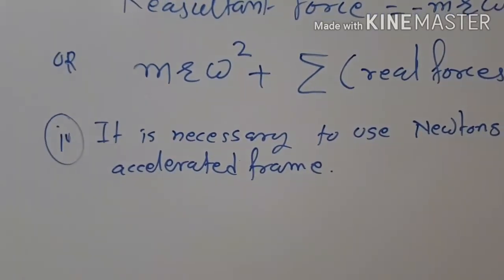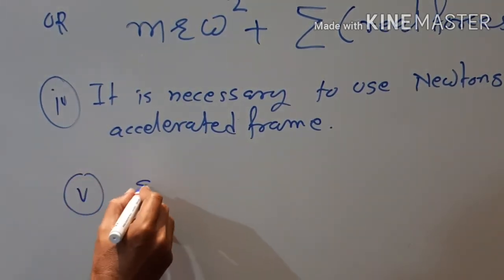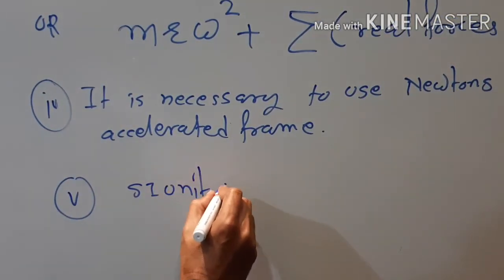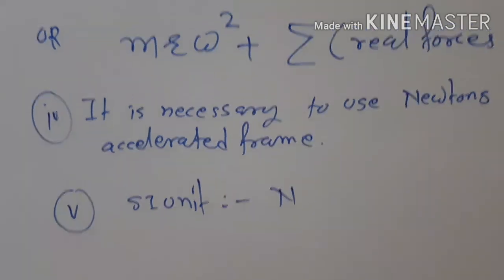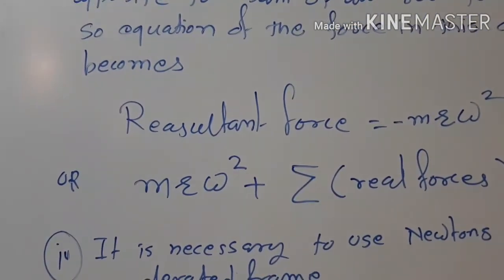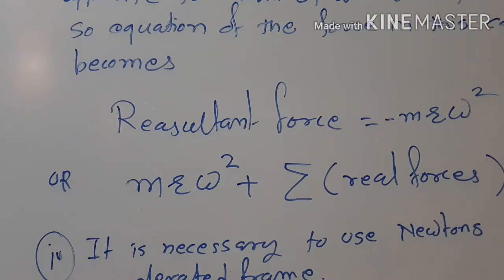And our fifth point is the SI unit, which is Newton. Up to this point we discussed the second point in the dynamics, the centrifugal force, in the form of different points such as definition, formula, unit, example, necessity, etc.